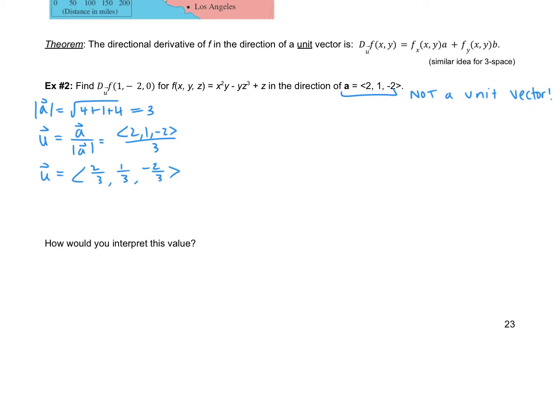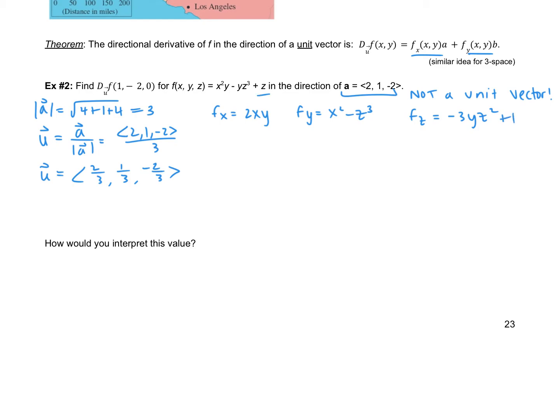Then we also notice we're going to need our partials. So the partial with respect to x is 2xy. Partial with respect to y is x squared subtract z cubed. And the partial with respect to z is negative 3yz squared plus 1. So I forgot about that z.